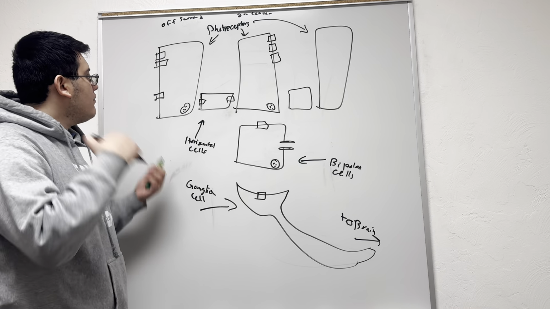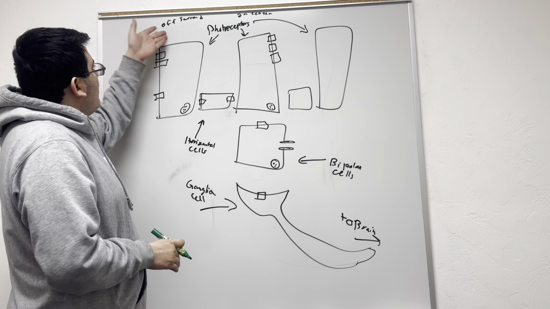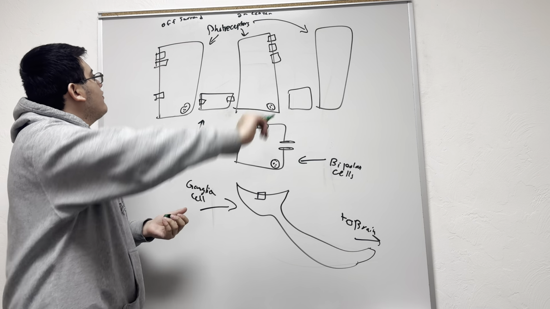And so, let's talk about what happens if light hits the off-surround cells or photoreceptors.